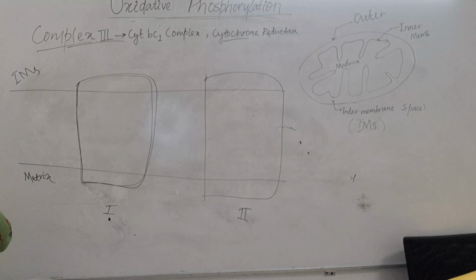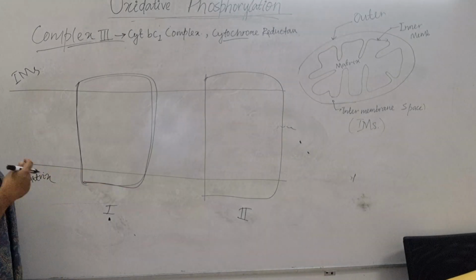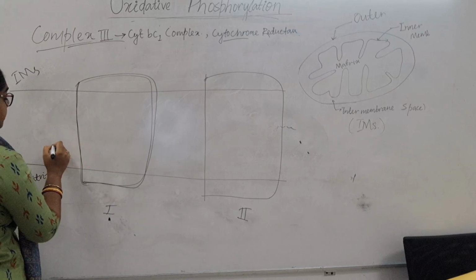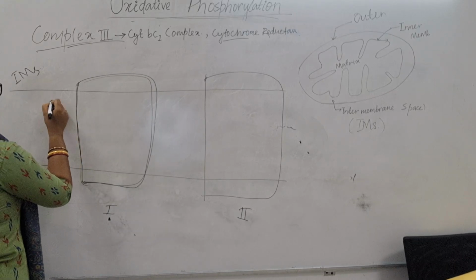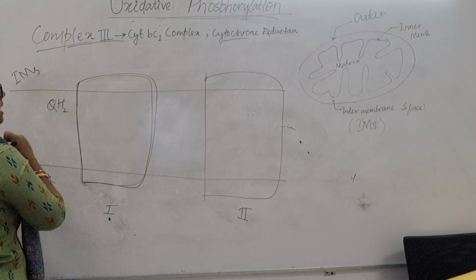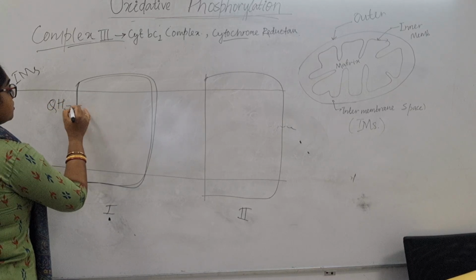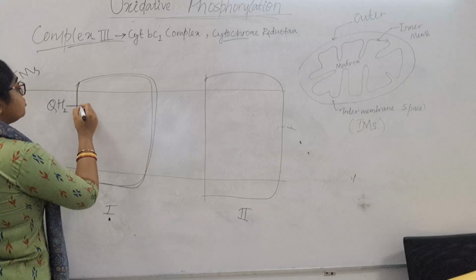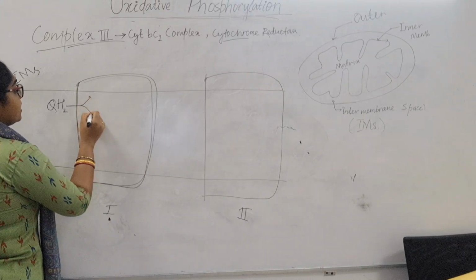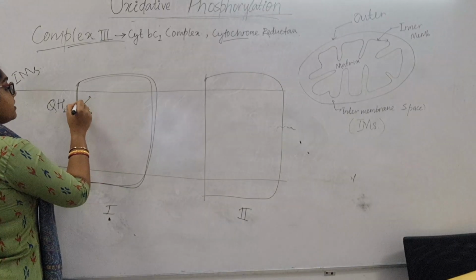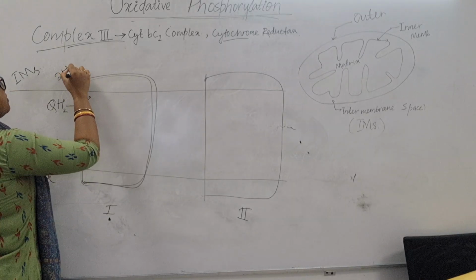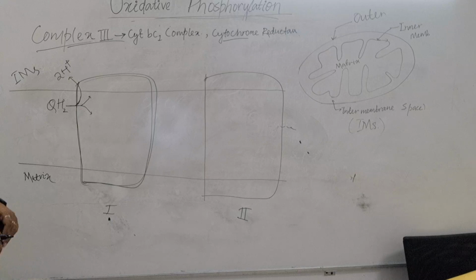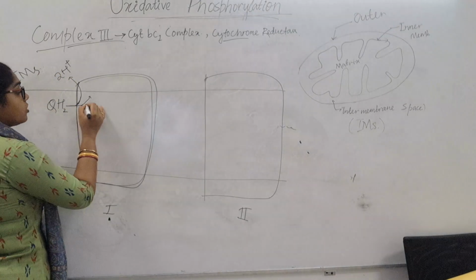Okay, so now what will happen: first they will use the ubiquinol of complex 1. It will reduce and produce 2 electrons. Here it provides 2 protons to the intermembrane space, and also it generates 2 electrons.